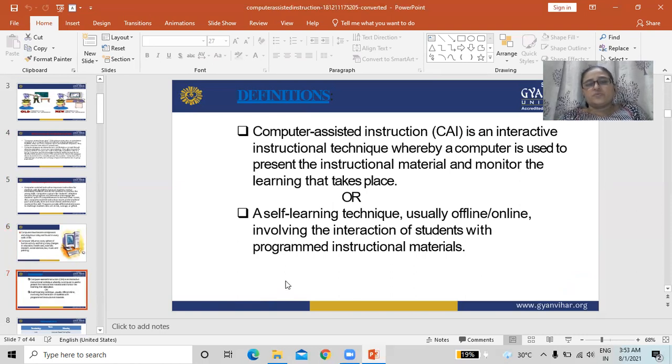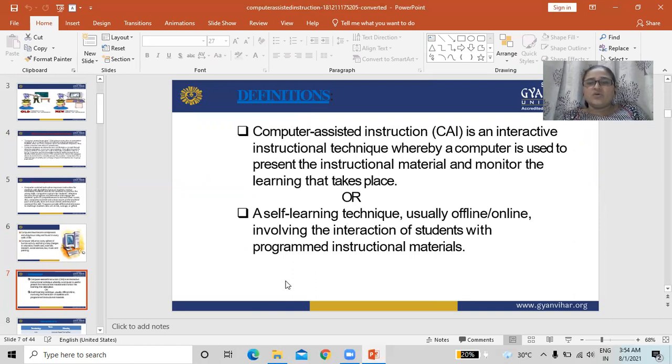Definition of CAI, computer assisted instruction. Computer assisted instruction is an interactive instructional technique whereby a computer is used to present the instructional material and monitor the learning that takes place.